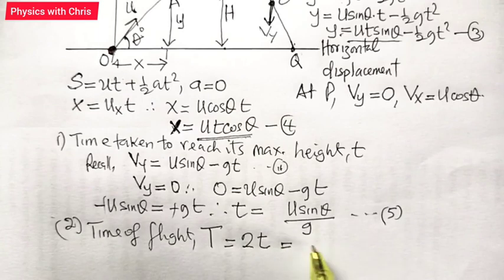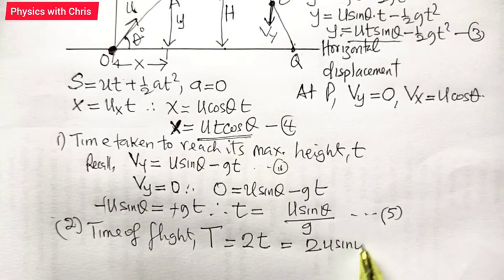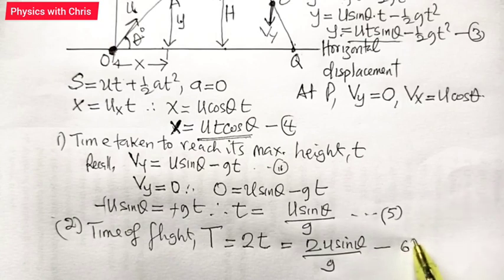So substituting for t, we have the time of flight is 2 times u sin theta divided by g. You can call this equation 6.